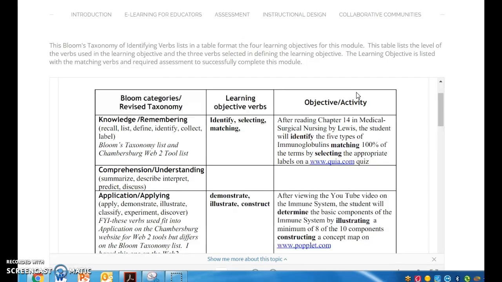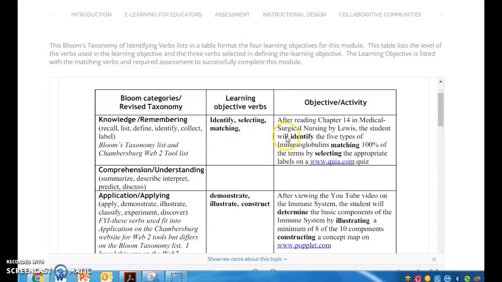So starting at the basic level of Bloom's taxonomy of knowledge slash remembering, I tried to find a learning activity that would be at that level, and using objective verbs from that area, I chose selecting and matching.